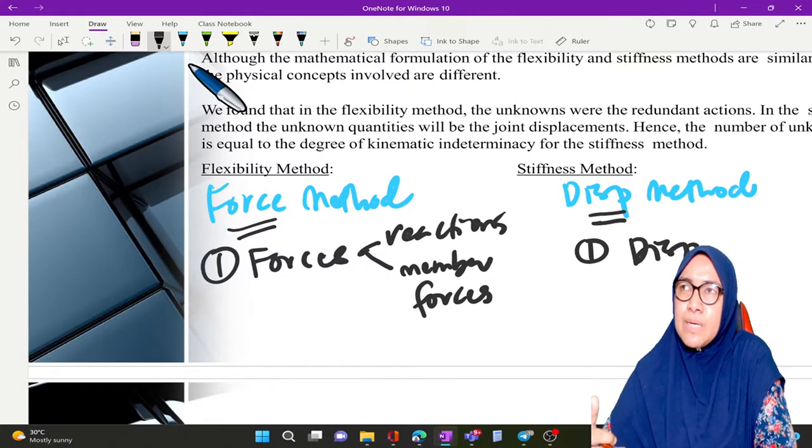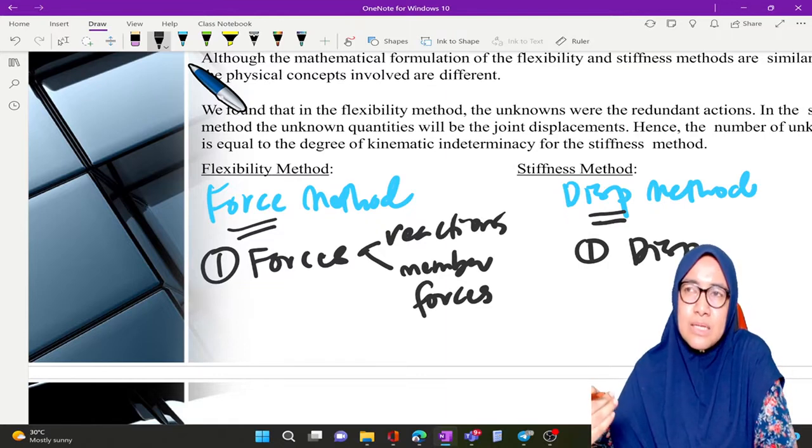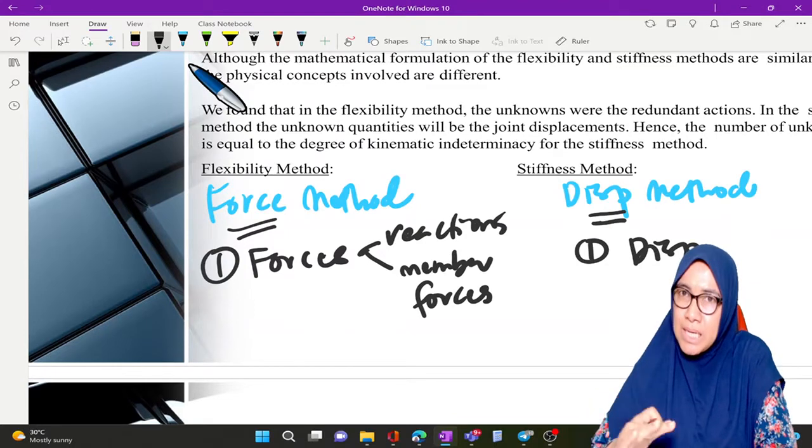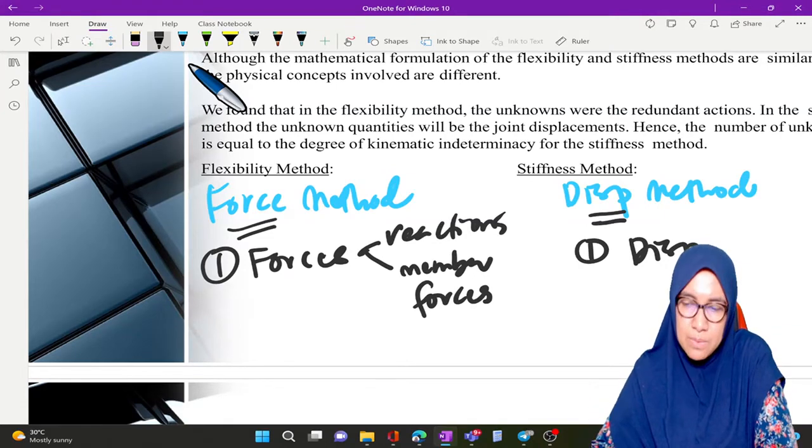For calculating unknown displacement, here we will limit it up to 3 unknown displacements, so that we can solve the unknown displacement.